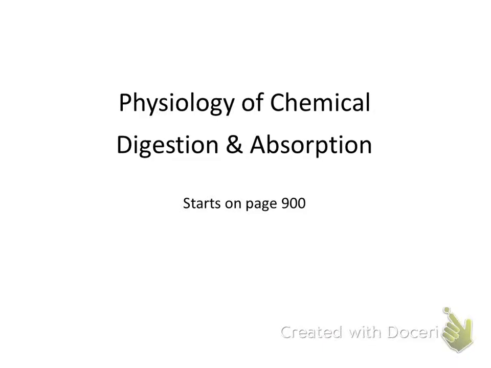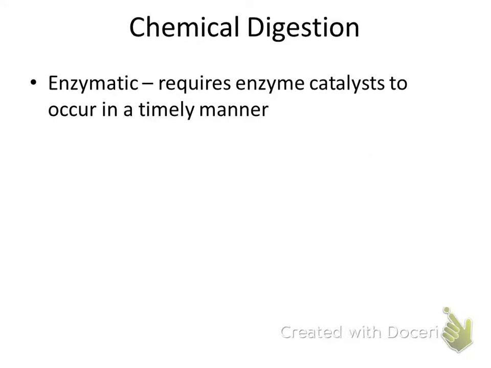Since we've introduced these processes that help us with digestion, it's a good time to talk a little more in depth about chemical digestion. We'll make a few notes about absorption as we do this, but we'll be talking about that a little bit more later. So we already know chemical digestion is going to be enzymatic.